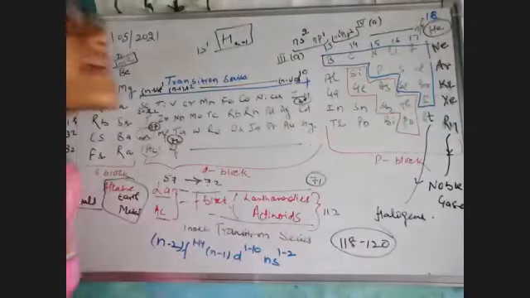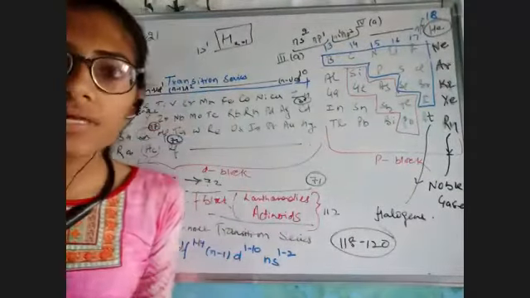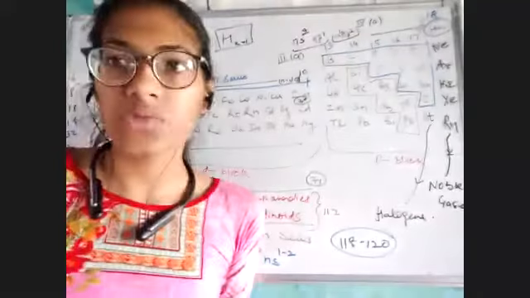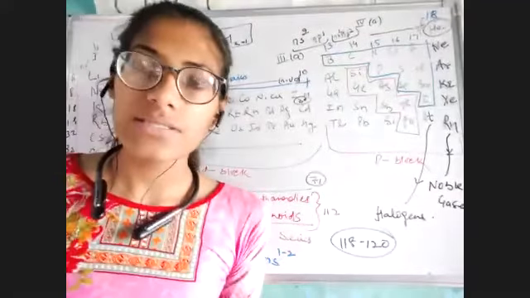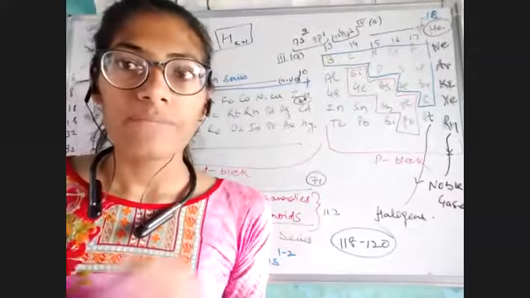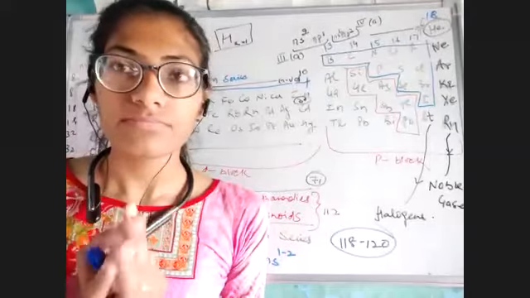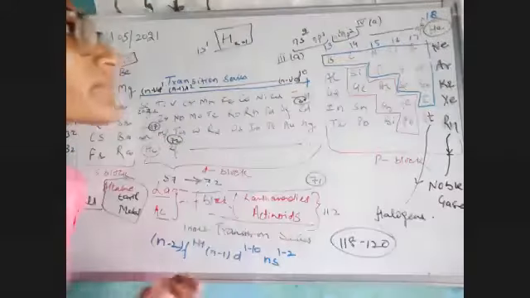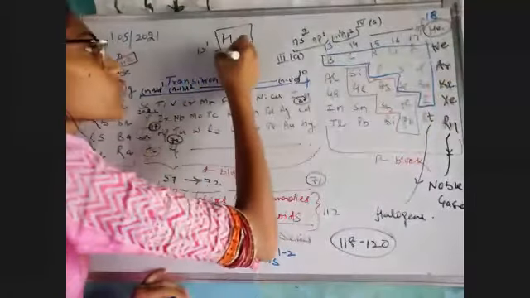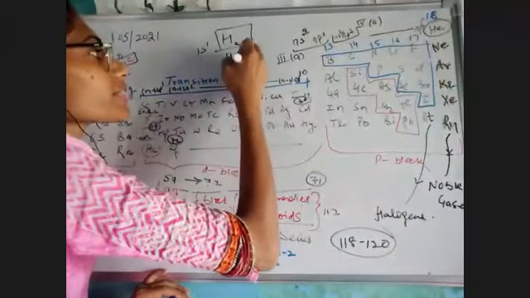Clear? Now, the same way, if I'm talking about helium, the helium case is also a very exceptional case. How? Same as before, on the basis of electronic configuration. Hydrogen has Z equals 1. Helium has Z equals 2.